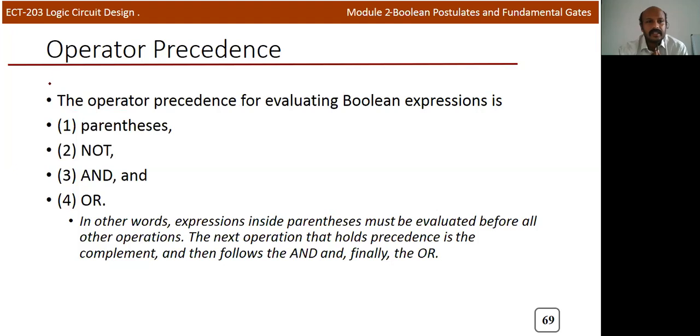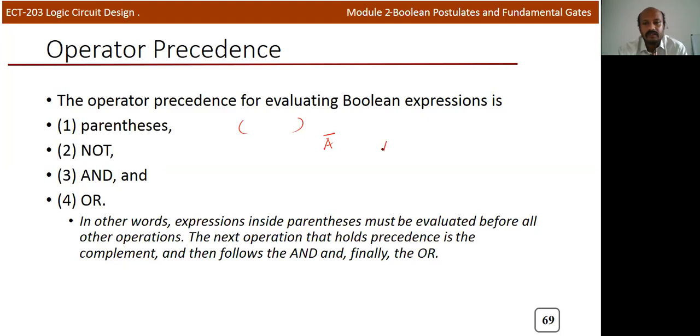Now we'll discuss another rule used in Boolean algebra, the operator precedence. If more than one operation comes at the same time, what will be the order? First we evaluate the parentheses, the brackets. After that comes the bar, or complement operation. Then we go for AND.